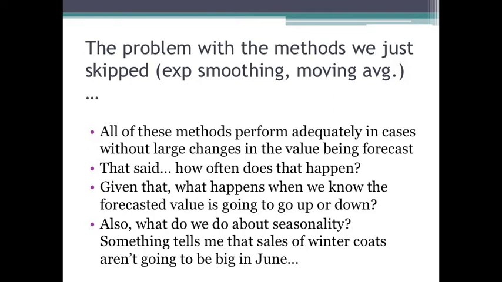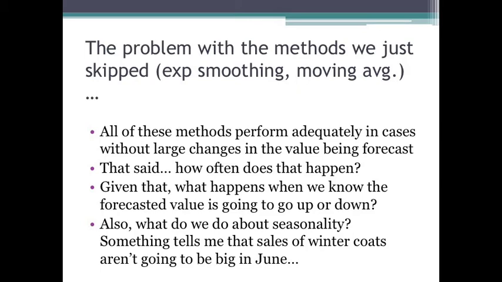Also, it handles some things well. If there isn't a lot of change in the value being forecast, it tends to handle things fairly well, but how often does that happen? We have things like trends, where we expect our results to increase or perhaps decrease over time.